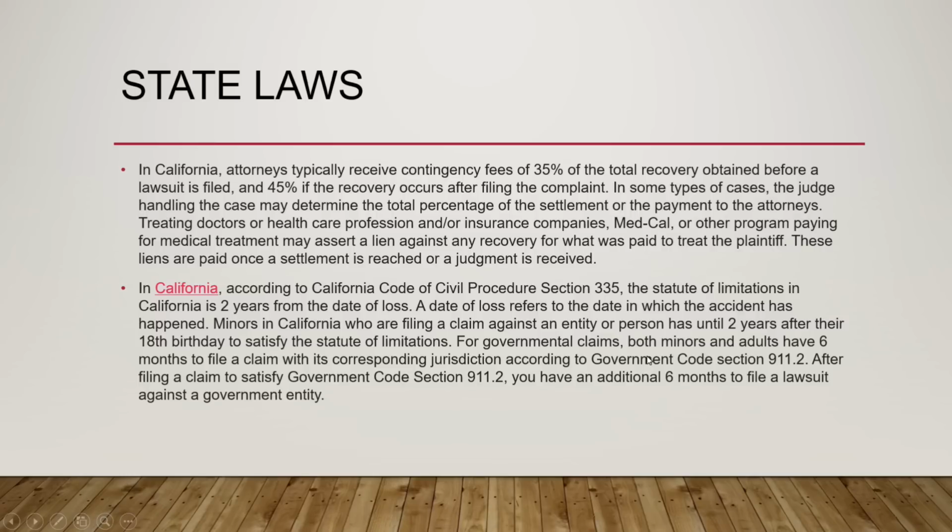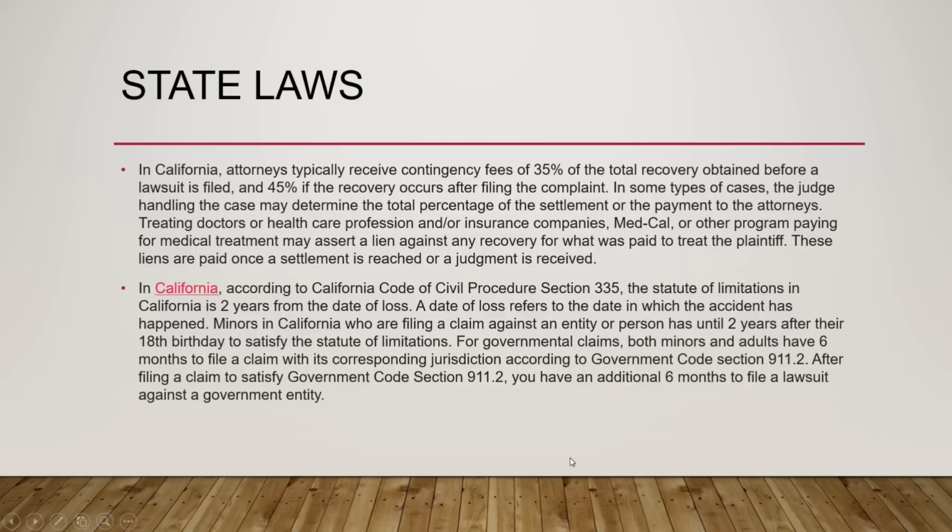Now, state laws. In California, attorneys typically receive contingency fees of 35% of the total recovery obtained before a lawsuit is filed, and 45% of the recovery obtained after filing the complaint. In some types of cases, the judge handling the case may determine the total percentage of the settlement for the payment of the attorneys.